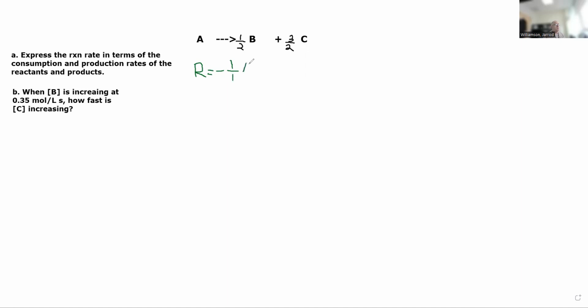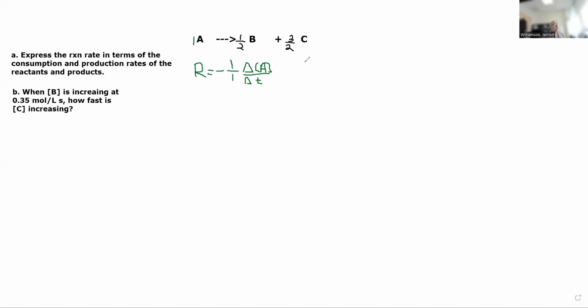Then I'm going to write delta A over delta T. They wouldn't even really write the 1 over 1. I'm just doing that as a teaching tool to be consistent so you see where it's coming from, because this is an invisible understood 1.